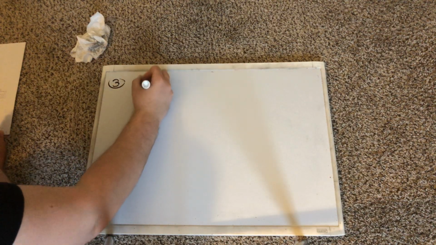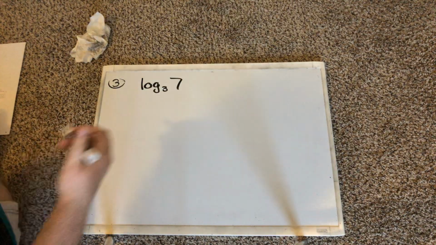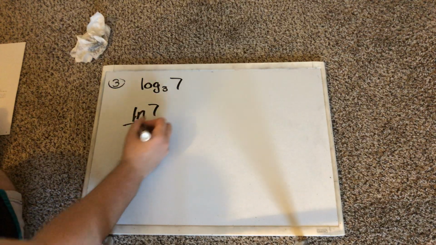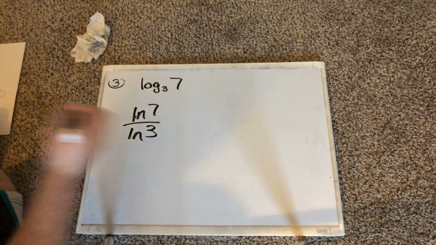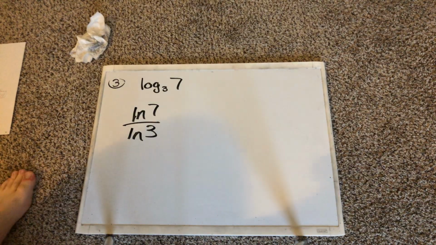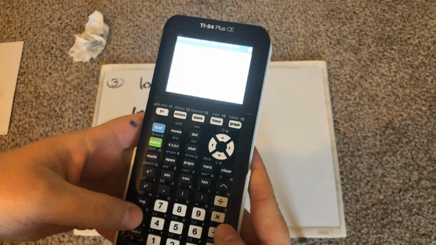So if I have log base 3 of 7, I can write this as the natural log of 7 over the natural log of my base. So if I go into my calculator, natural log button is right underneath my log button.